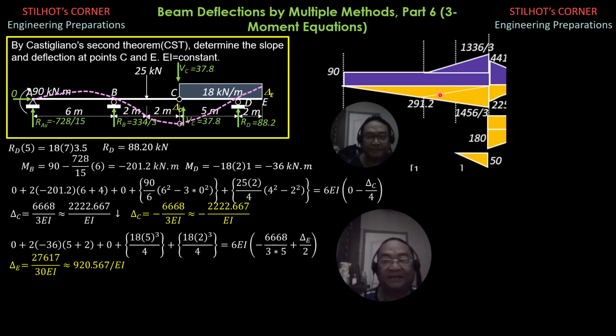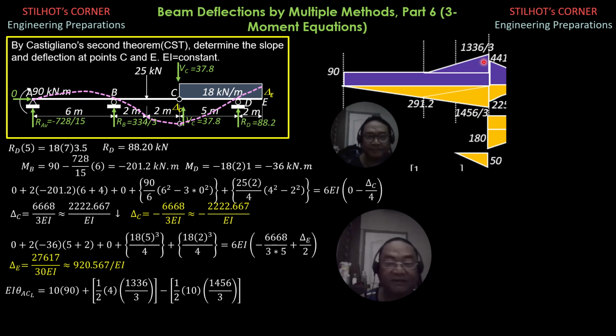Then it is simply the area between A and C. This is point C. So EI theta A to C left is 1/2 of 10 times 90, this rectangle, plus 1/2 of 4 times 1336 over 3, minus the area of this triangle, 1/2 of 10 times 1436 over 3, then minus the area of this triangle, 1/2 of 2 times 50.